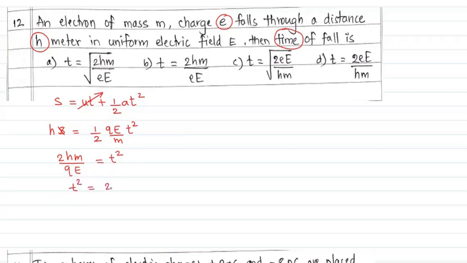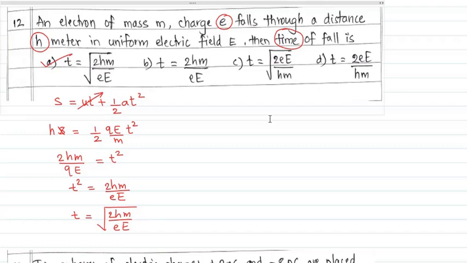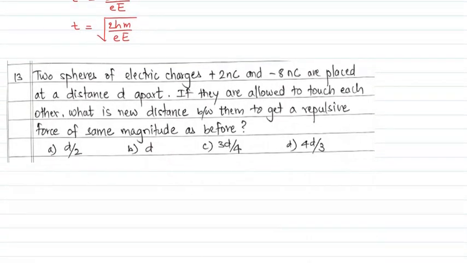So t square is equal to 2hm by small e into capital E. So we will have t is equal to under root of 2hm by e into E. Now check the option. So option A is the answer. Option A is the answer. Clear students?